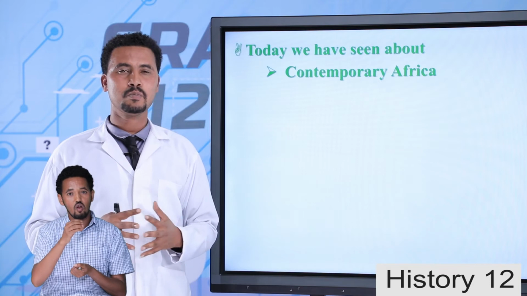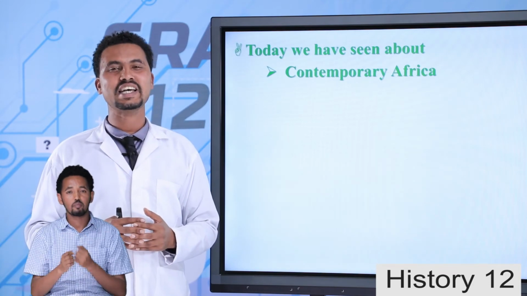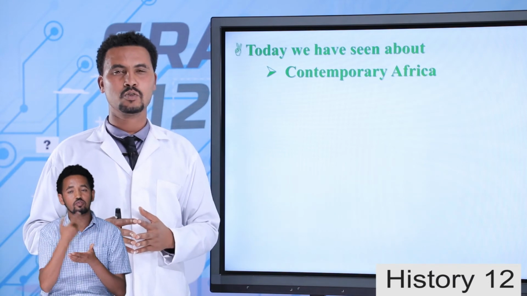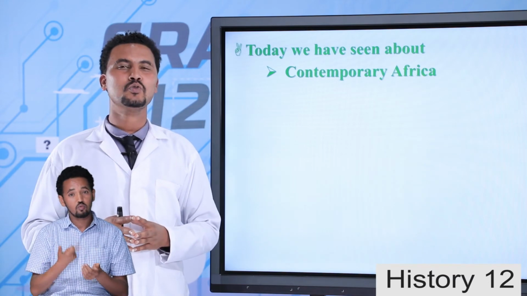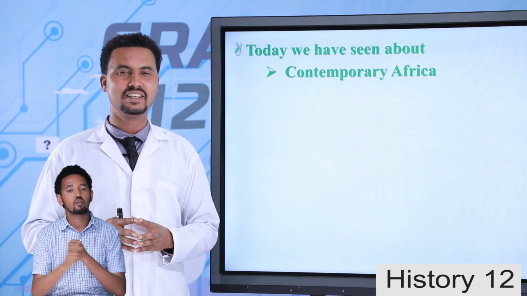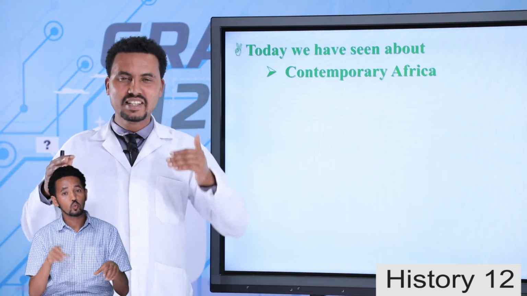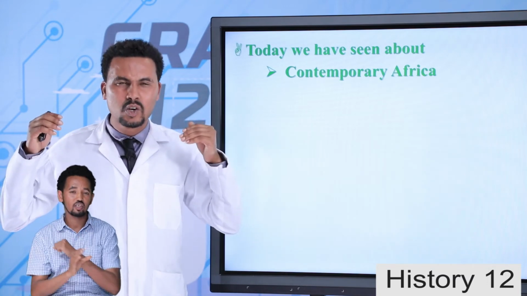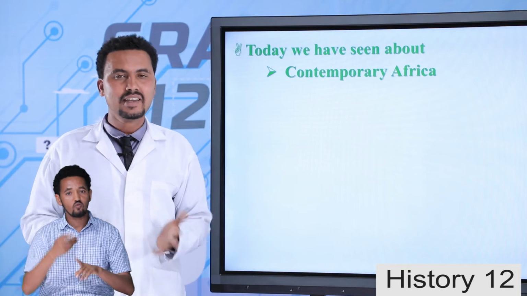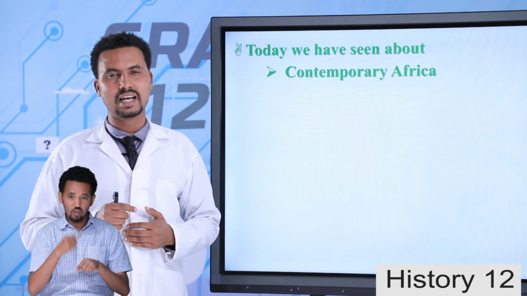Many African people are affected by the colonial legacy. As a result of this, we have not fulfilled the basic necessities until today. And African countries always depend on foreign aid. The foreign countries always support the African states.